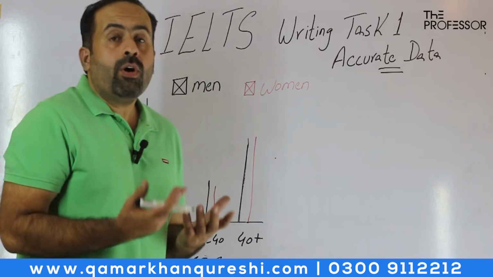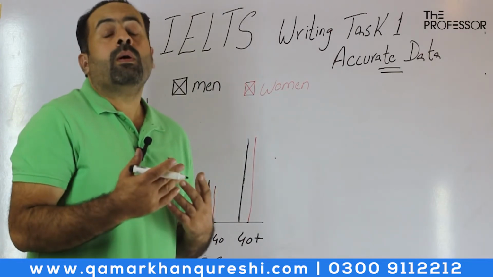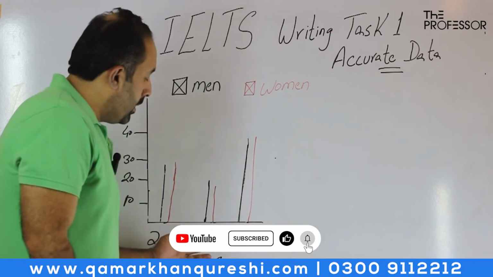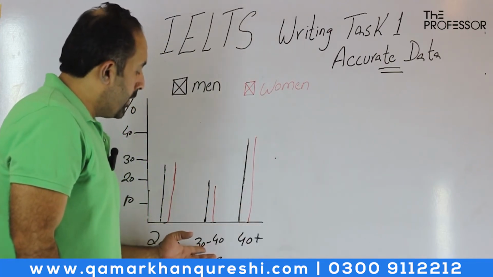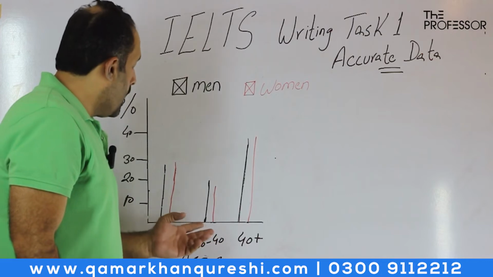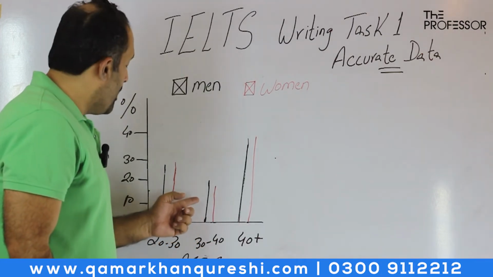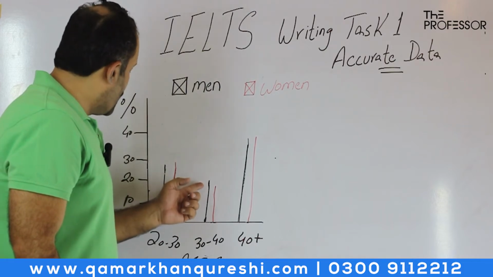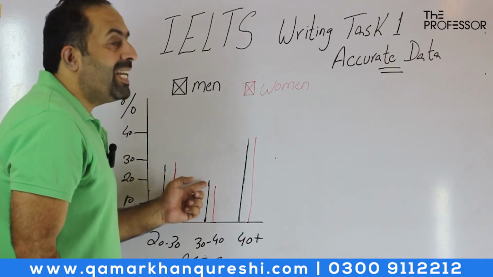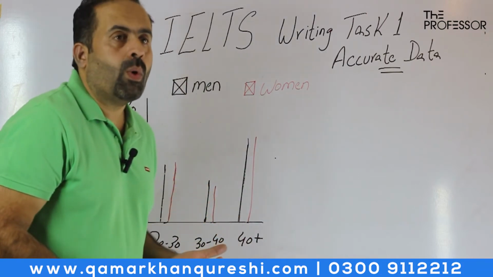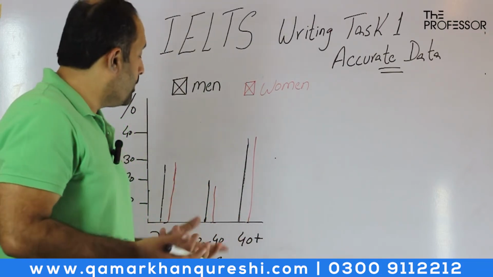Okay, so now if we talk about something slightly more, for example, if we look at this group 30 to 40, we see that the number of men smokers has increased, right? So it's slightly more than 20, but we don't know whether it's 21, 22, 23, whatever it is.